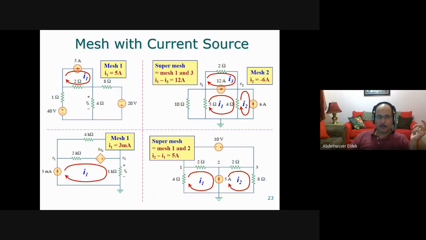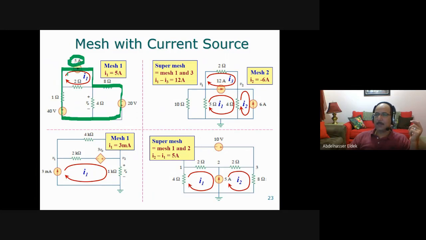It is in the outer loop. If you have problem understanding what the outer loop is, let's make it green. So this is the outer loop, and you see we have this 5 ampere in the outer loop.